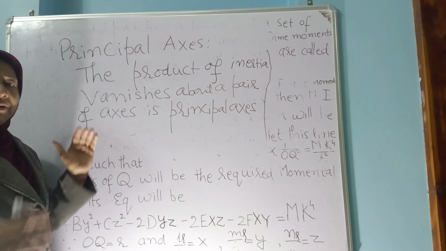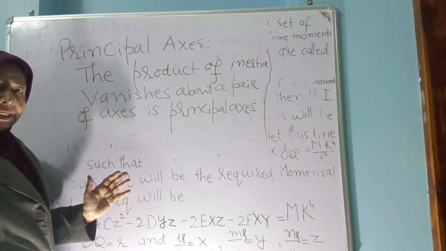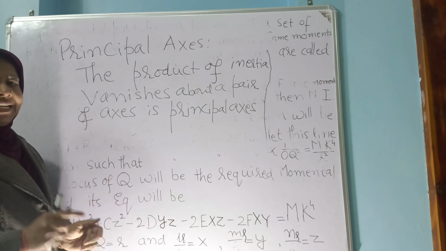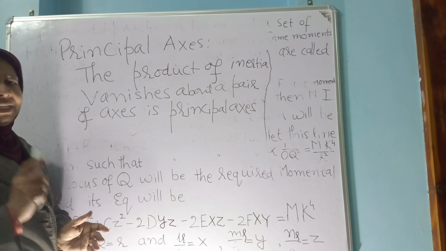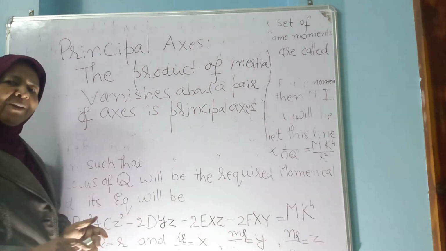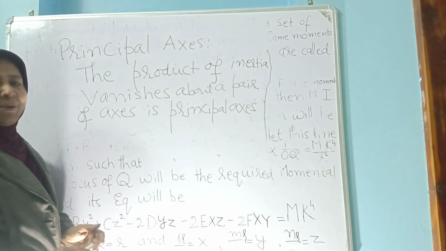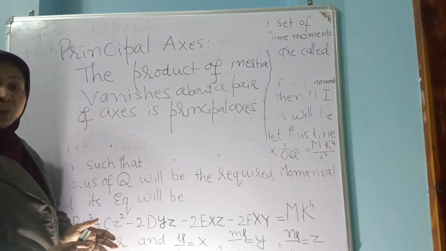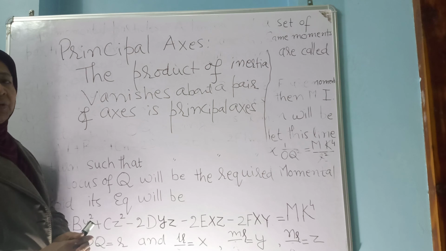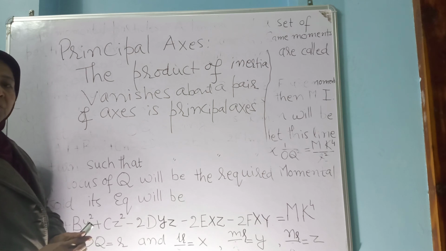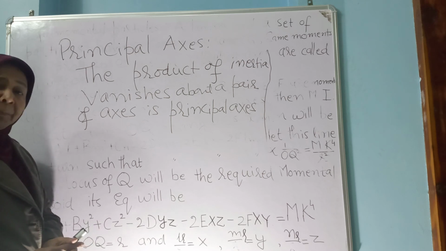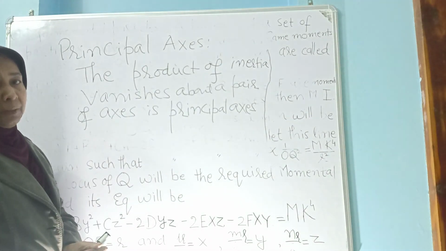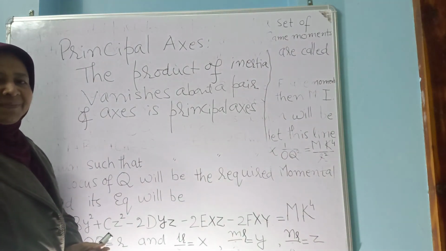That means if it is a case of 3D, then D will be 0, E will be 0, F will be 0. Okay. So we are going to use these 3 terms, and we are going to do a number of questions based on these 3 terms next time.